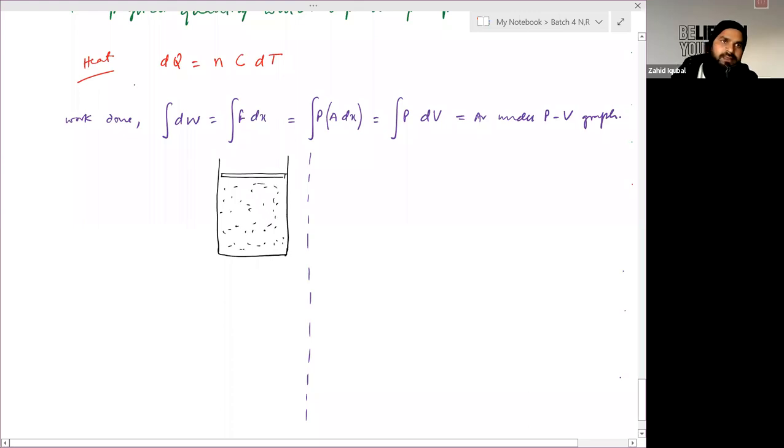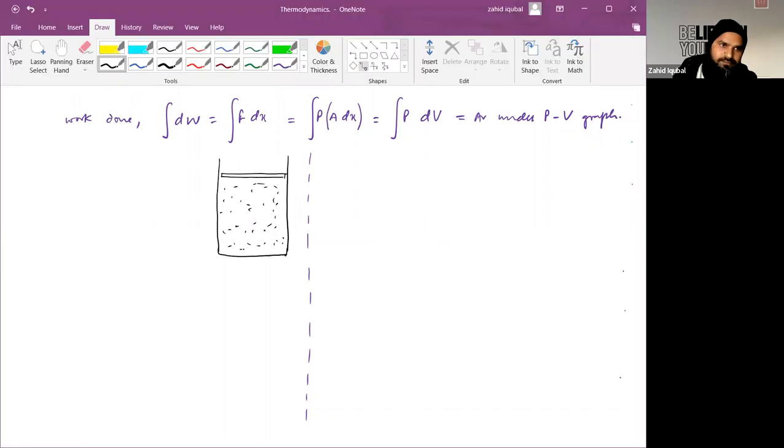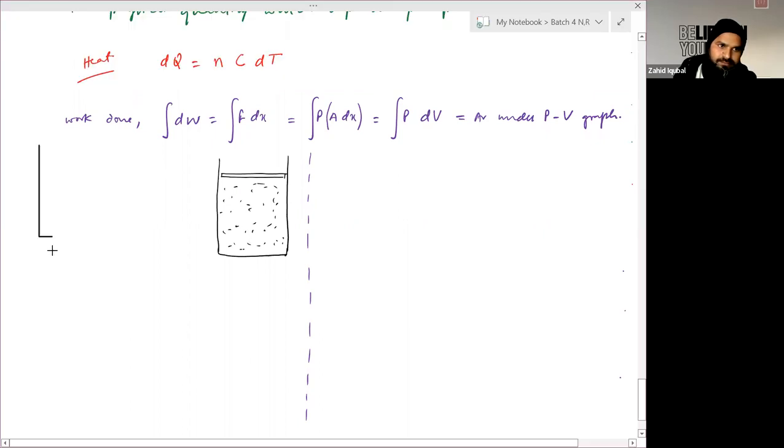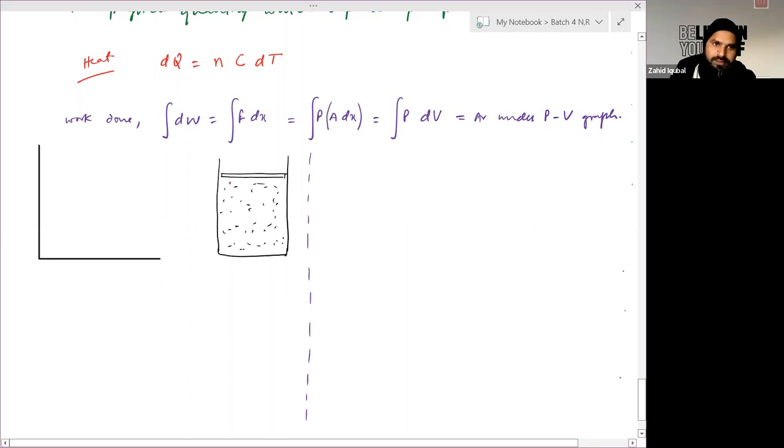So its initial volume will be at this point. If there is work done from inside, particles of gas on this piston increase its dimension from this point to this point. So it will be the initial volume and it will be some final volume.